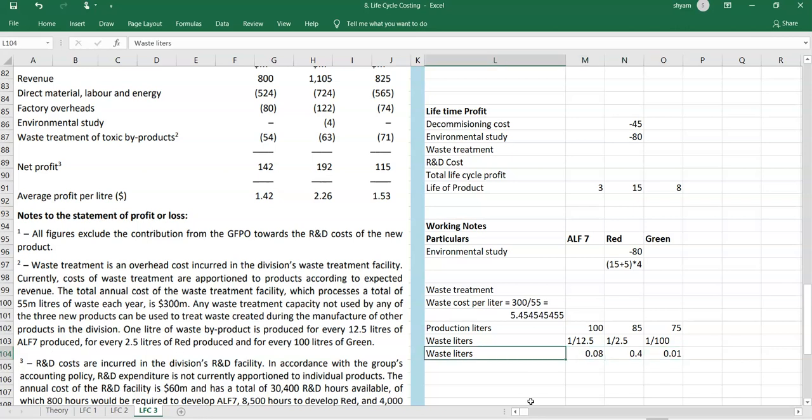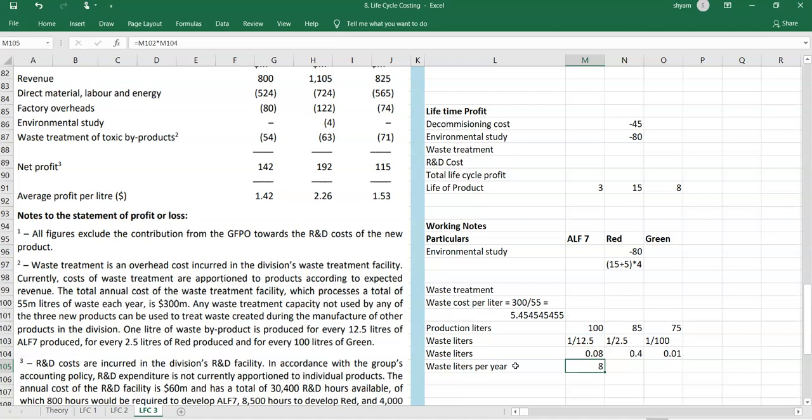Okay, so these are the waste liters. So this waste liter has to be per year, that we have to get. That's going to be how much? Total liters is this. Out of this, waste liter is this.